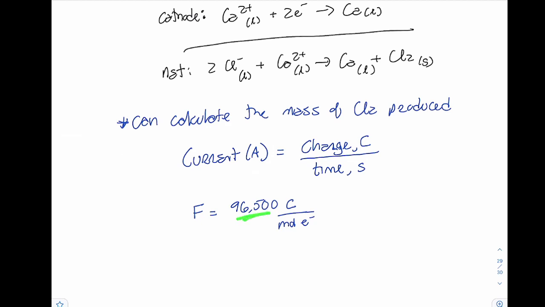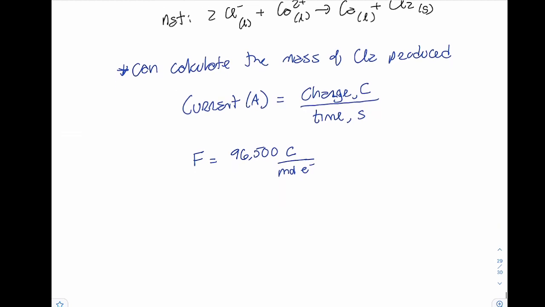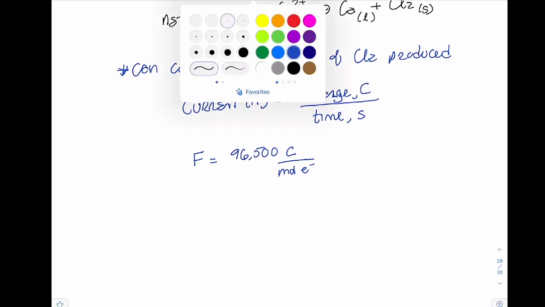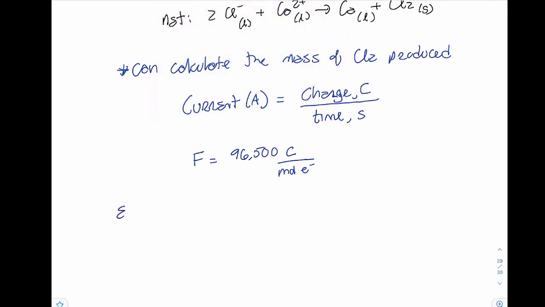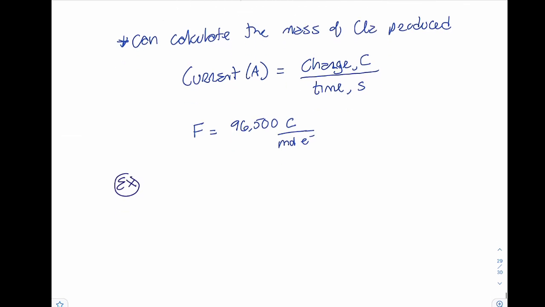And then I'll use the Faraday constant as our conversion factor between coulombs and then moles of electrons. From moles of electrons, we can get moles of chlorine, and then we can get the mass of chlorine using its molar mass. So that's the plan. So our actual problem here is, what is the mass of chlorine produced?